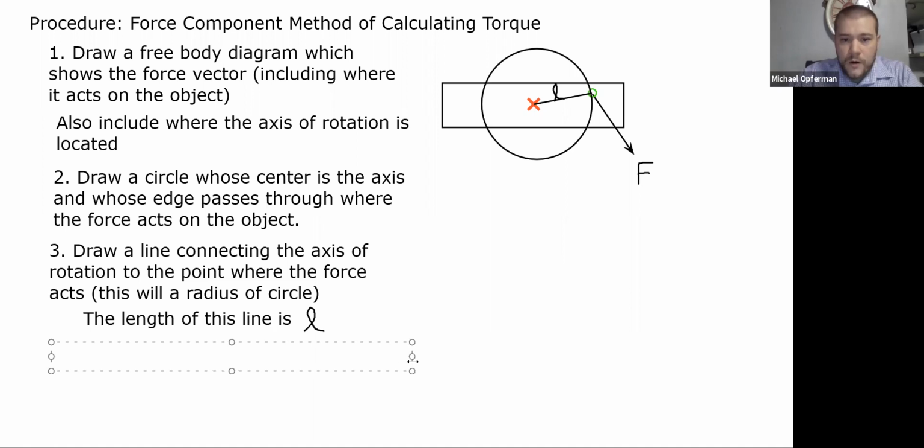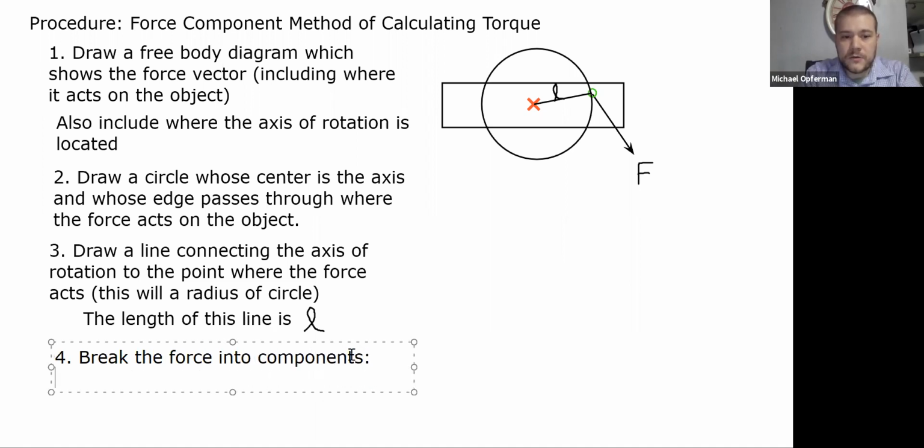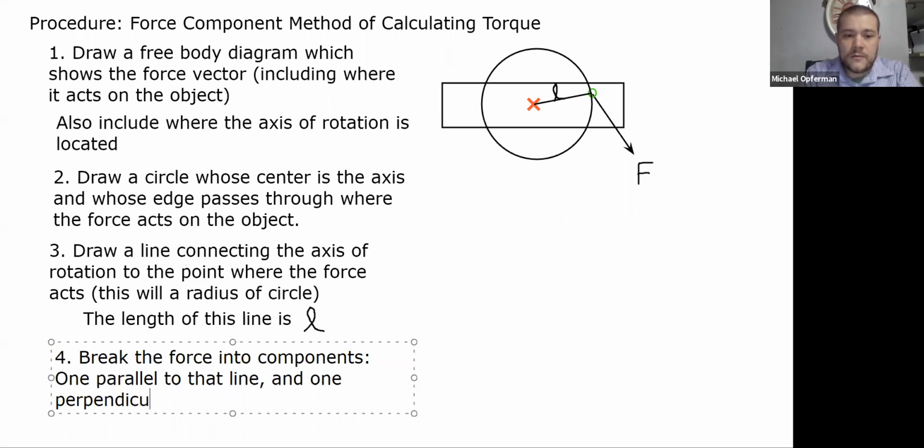Now number four: break the force into components, one parallel to that line and one perpendicular to that line.